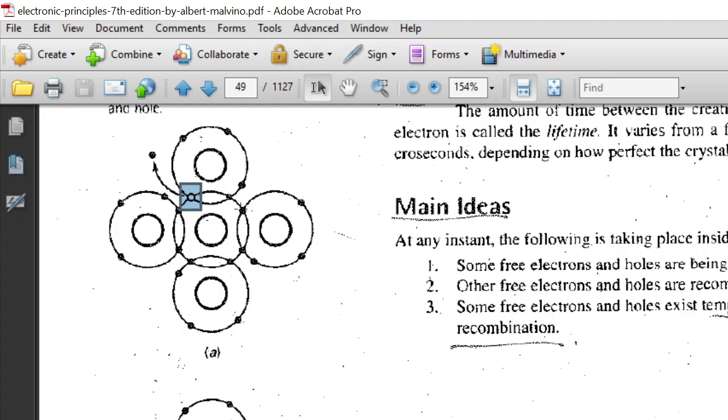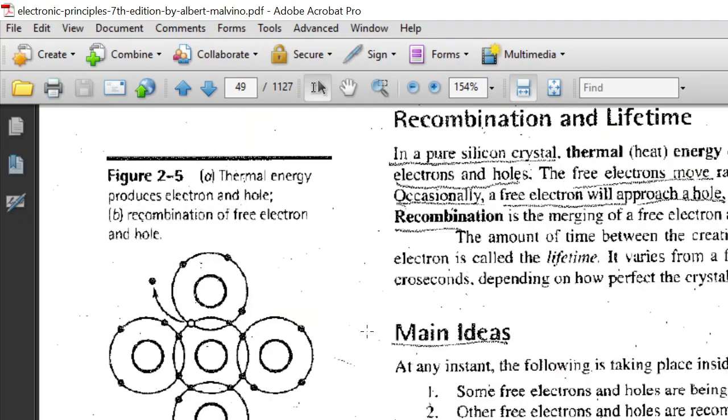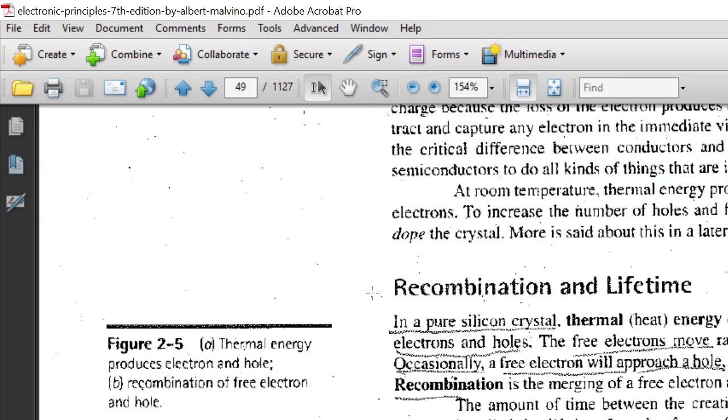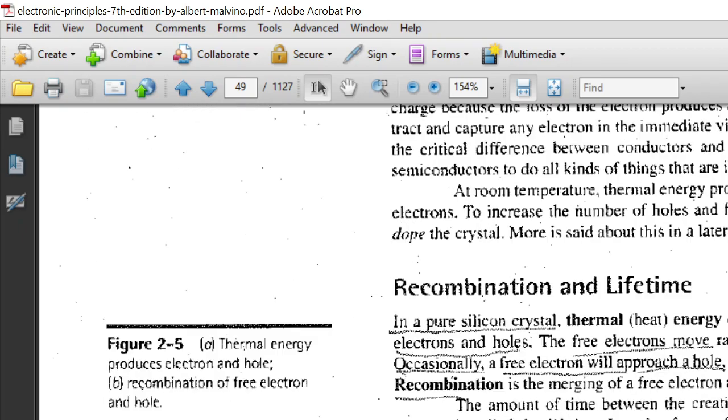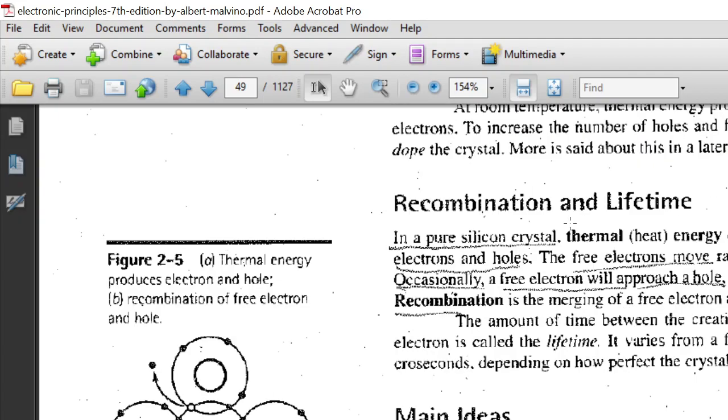Suppose this electron is getting attracted, so it goes here, and the hole is moving from this position to this position. This is happening. So whatever we have discussed, and there is also another thing: in the pure crystal, due to the ambient heat energy, there are some free electrons and holes getting created.